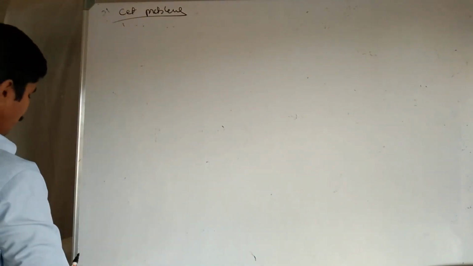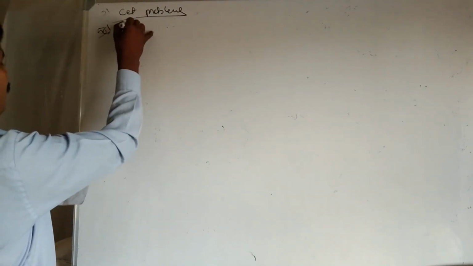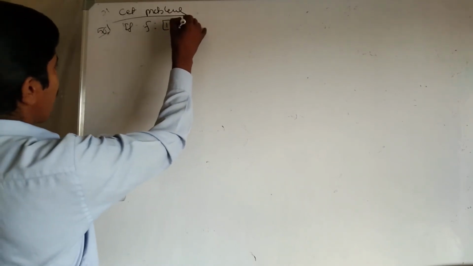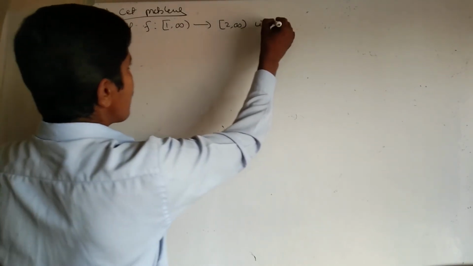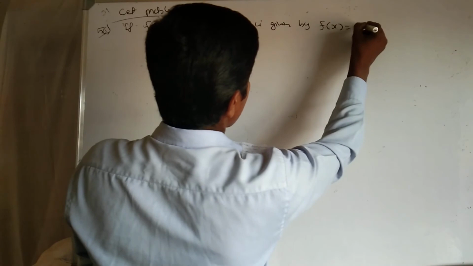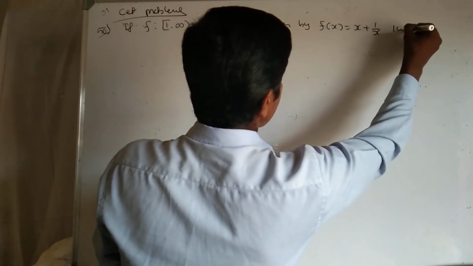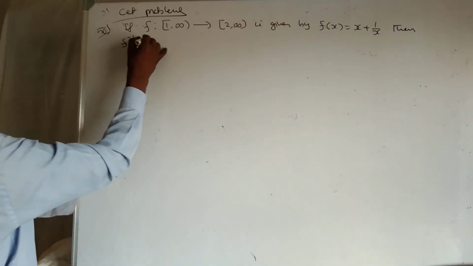Fifty-sixth problem. If f from the half-closed interval [1, infinity) to the half-closed interval [2, infinity) is given by f of x equal to x plus 1 by x, then f inverse x equals.